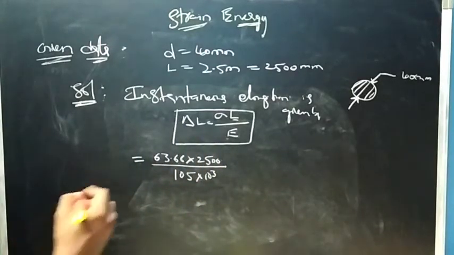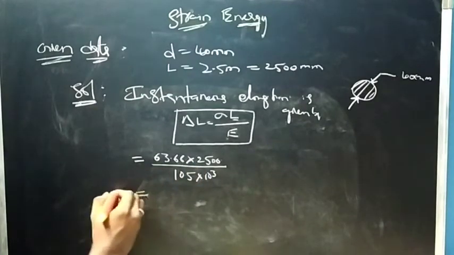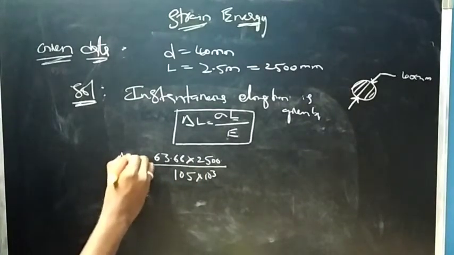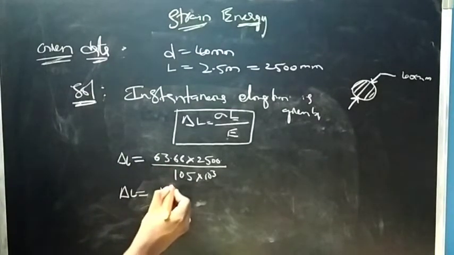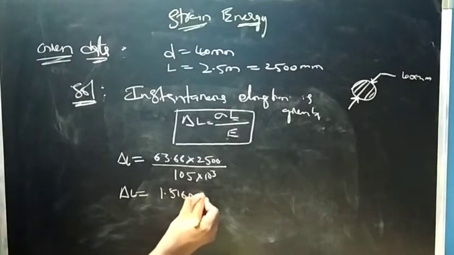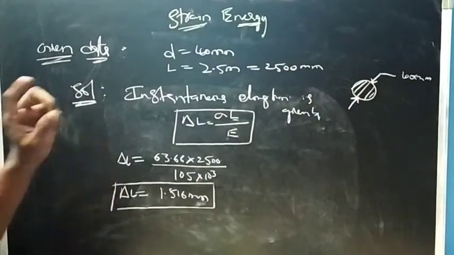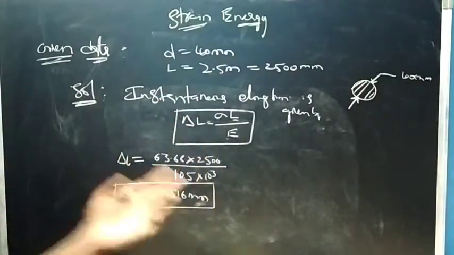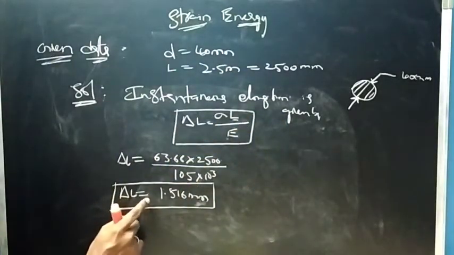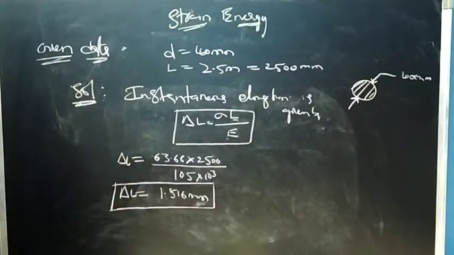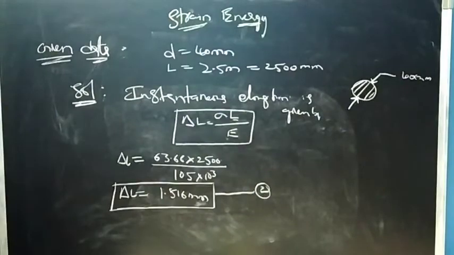If E is given, take the E. Next put the values, we will get the answer, that is 1.516 mm. So this is the instantaneous elongation for the gradually applied load. After the sudden applied load, this elongation is going to change, right? So let us say this is equation number 2.